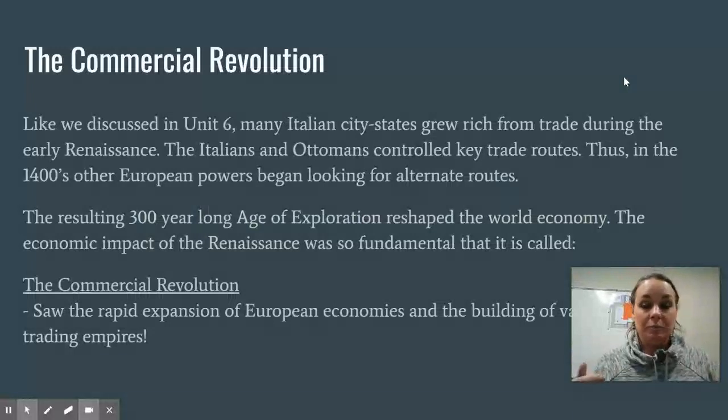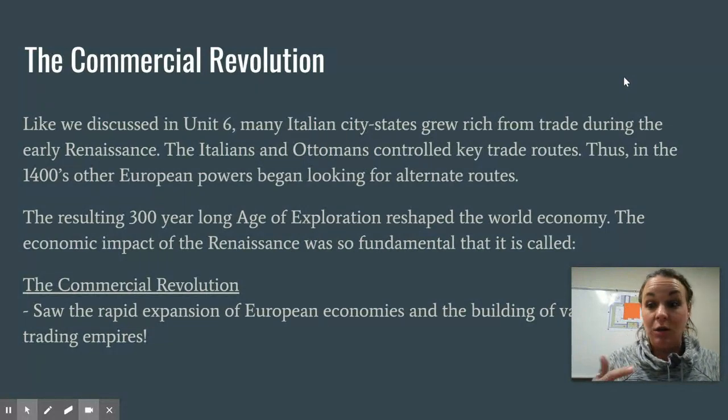All right, so due to the age of exploration, you have what becomes known as the commercial revolution. So clearly, if you discover this entire new continental chain and all that it has to offer resource-wise, you are going to see a brand new commercial movement. The commercial being, of course, the selling and trading and movement of goods and services.